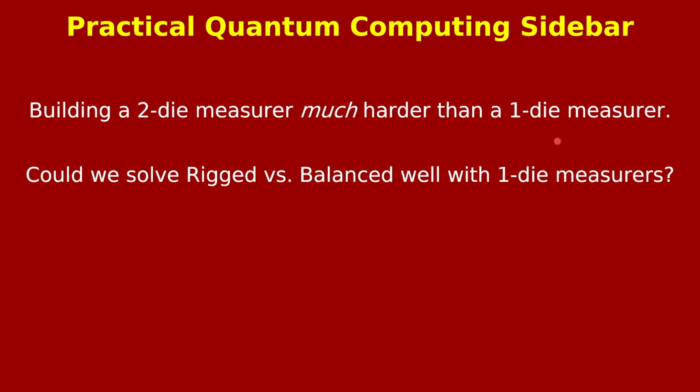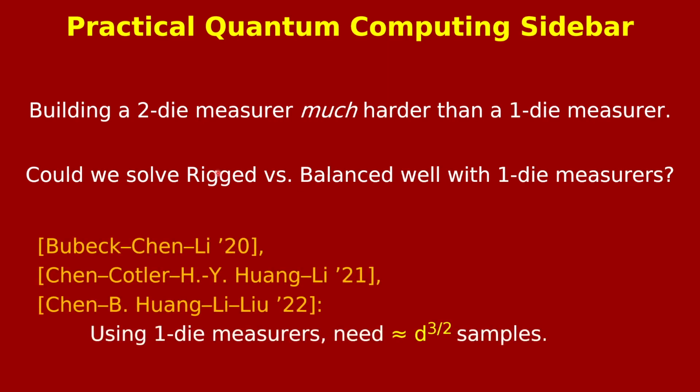This turns out to be not so easy to prove, but recently in this great sequence of works by Bubeck, Chen, and Lee, then Chen, Cotler, Huang, and Li, and then Chen, Gong, Huang, Li, and Liu, they showed that indeed if you have only the ability to measure 1 quantum die at a time, you need many, many copies of it.